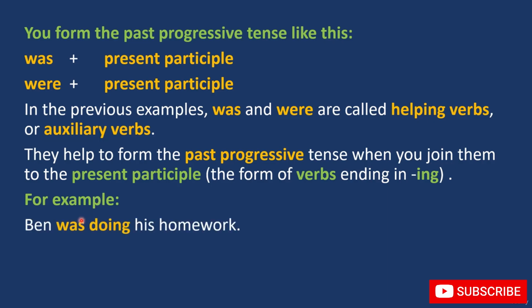For example, Ben was doing his homework. So here I have the verb was and also I have doing. Doing, this is verb plus ing, and we can call it also present participle. Peter was making a model of a bridge.